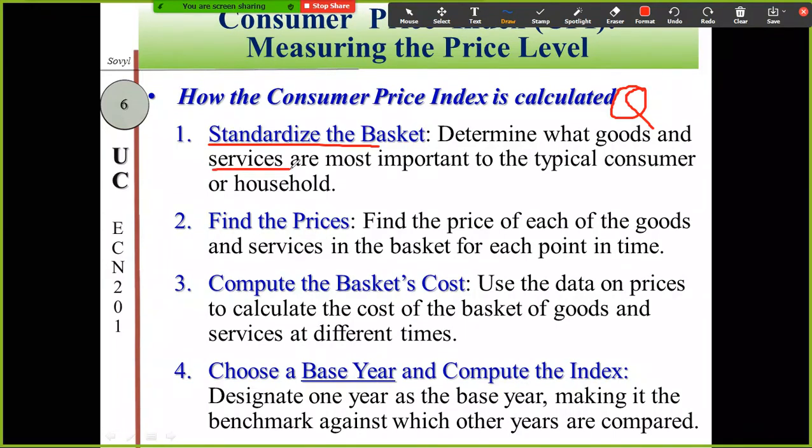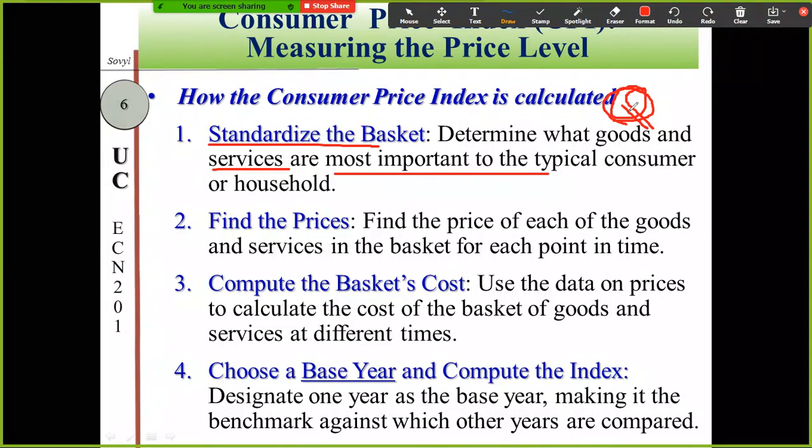These goods and services must be the most important to you. If they are most important to your life, you cannot change them. Every day you consume them, every day you buy them. That's why this is Q in your basket.